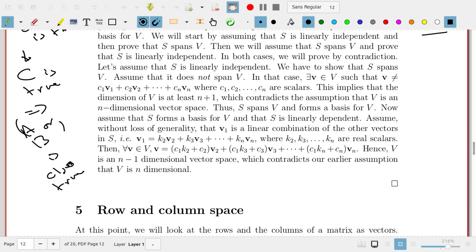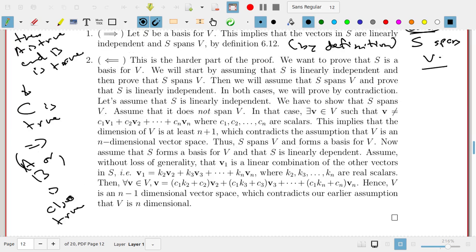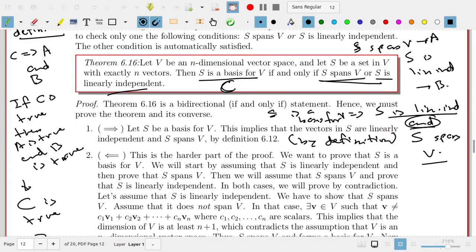Because for A or B to be true, at least one of A and B has to be true, and we know that both of them are true. So by definition, this statement is true: S is a basis for V implies that S spans V or S is linearly independent.